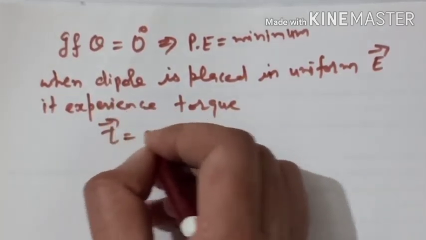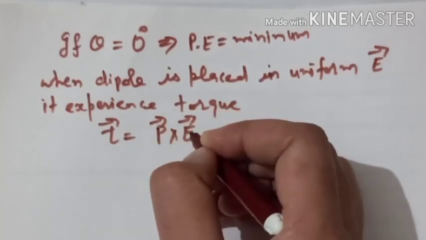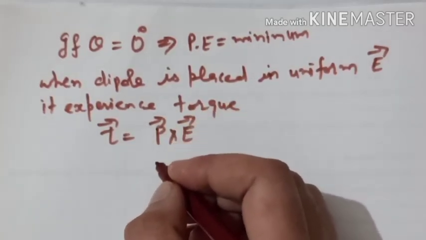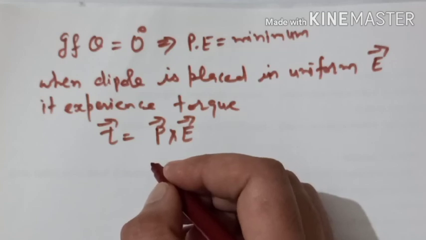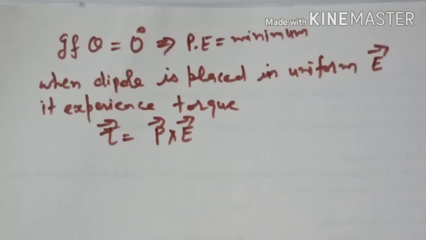Tau is equal to P cross E, which tends to bring the dipole in the direction of the field, because we know that tau is the turning effect of a force.